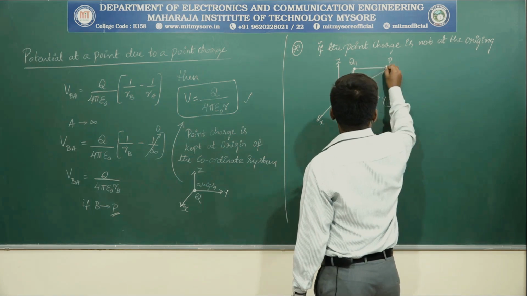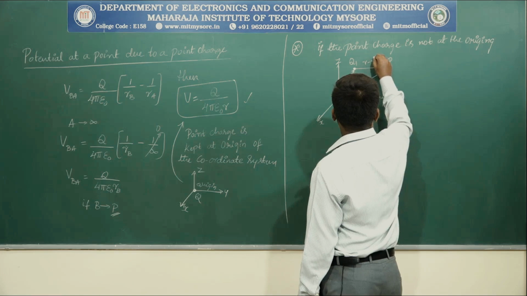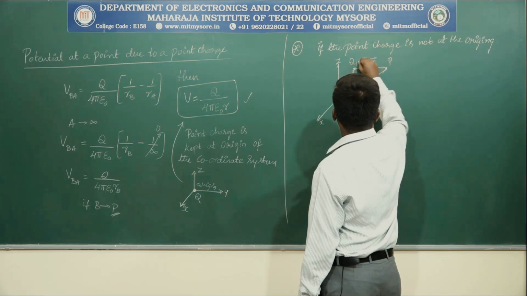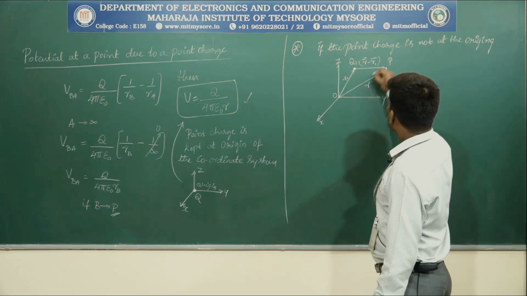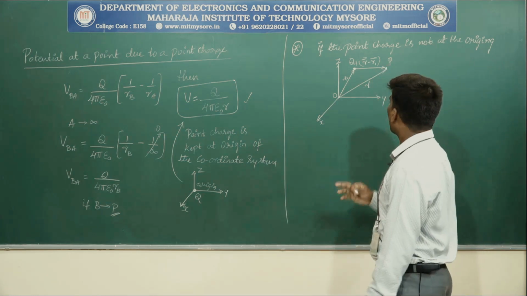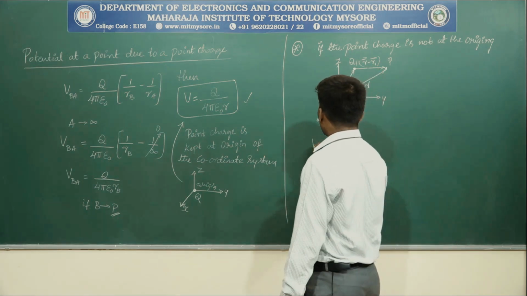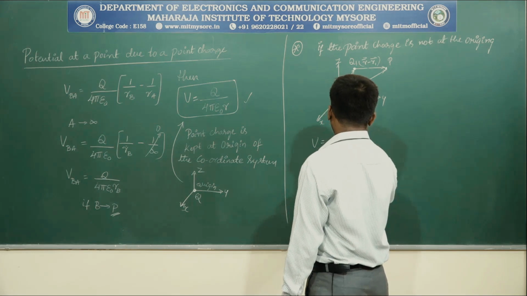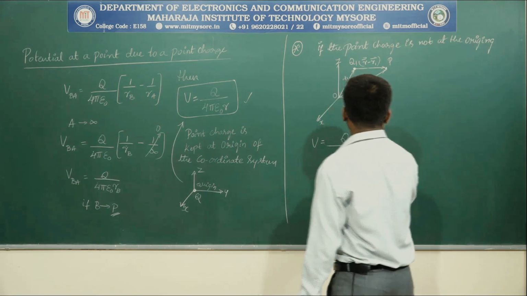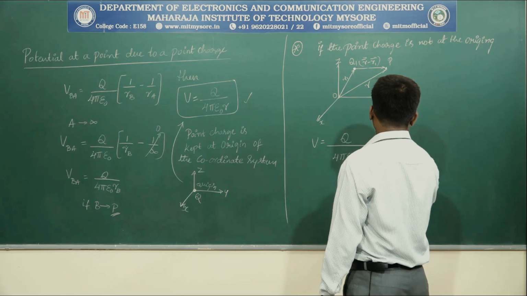Now what is this distance? This distance is R minus R1. Got it? According to the vector algebra we have learnt, this distance is R minus R1. Then what happens to this equation? V is equal to Q divided by 4 pi epsilon naught into 1 divided by the magnitude of R minus R1.